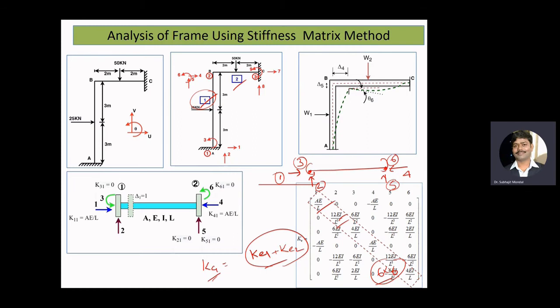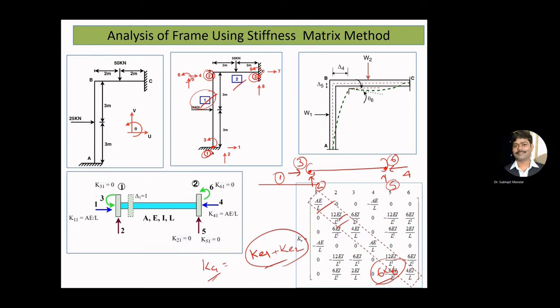Now, if we want to find the global stiffness matrix, then we have to first identify the global node numbering and corresponding global degrees of freedom. So here, we have considered this is our node 1, this is our node 2, and this is our node 3.